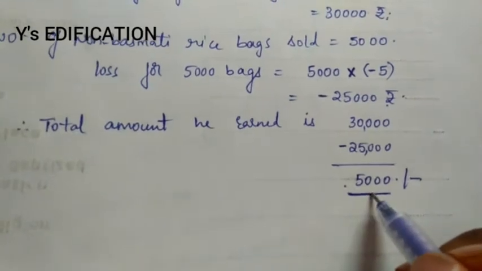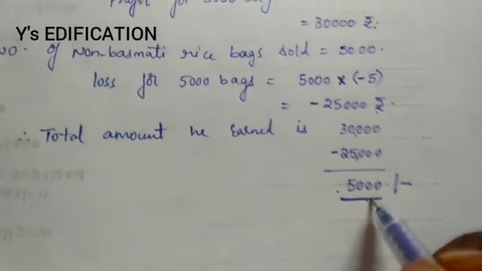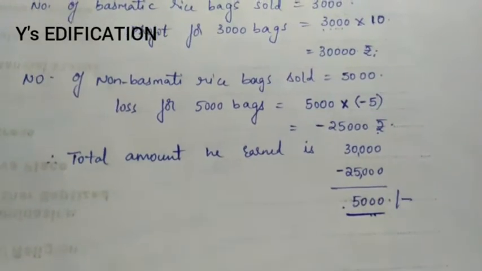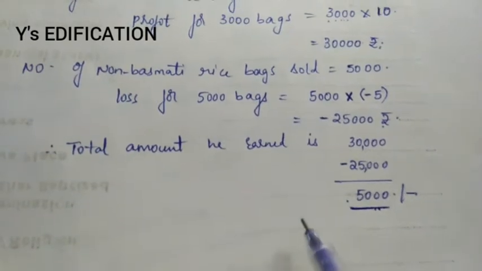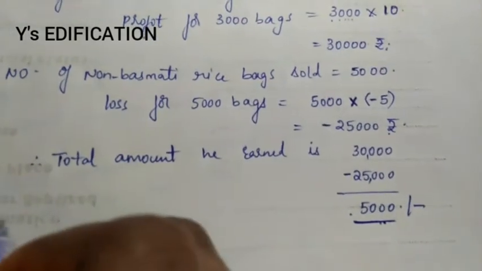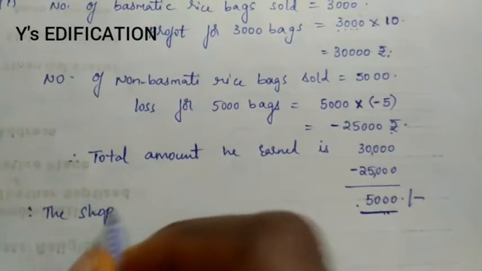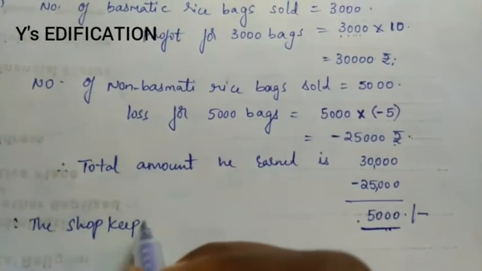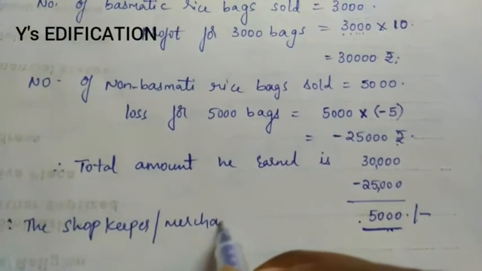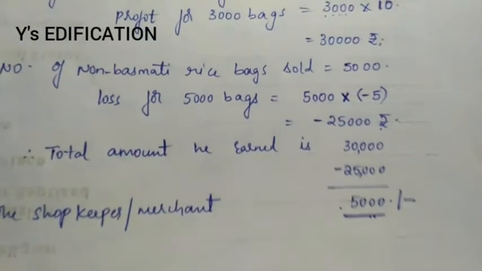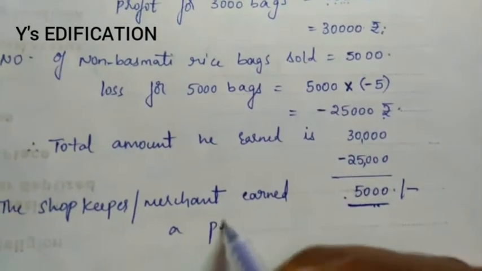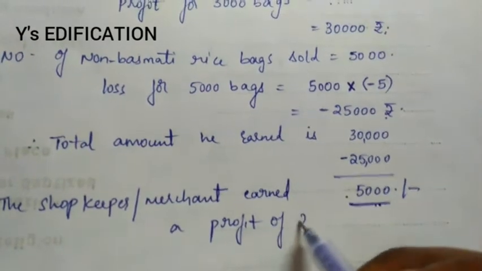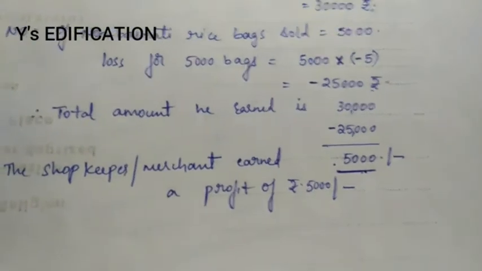So 5,000 is the amount he earned after selling all these bags. So it is a profit for him. If the answer is a negative value, then it is a loss. Okay, so this is a profit. Therefore, the shopkeeper or merchant earned a profit of rupees 5,000.